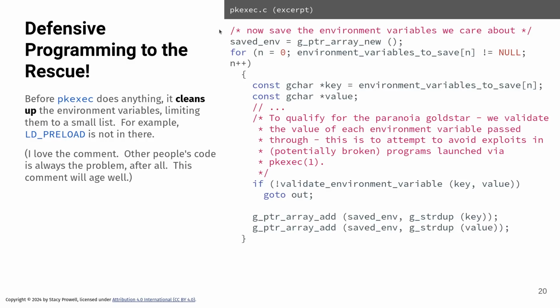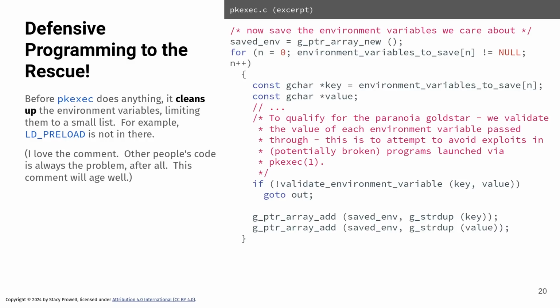Now save the environment variables we care about. So you make a new array, we walk through the ones we want to save, and then there's this great comment. To qualify for the paranoia gold star, we validate the value of each environment variable passed through. This is only to attempt to avoid exploits in potentially broken programs launched via pkexec.